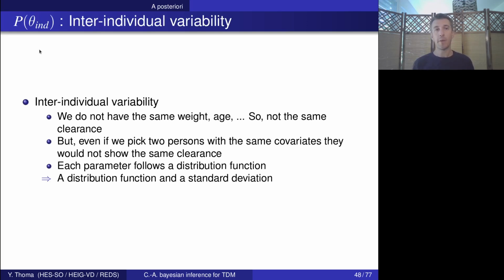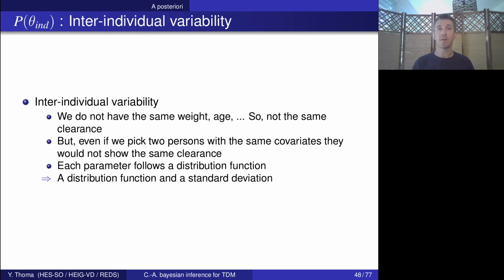So for the probability of the individual parameters, we'll use the so-called inter-individual variability, in the way that, okay, we know that the covariates can influence the parameters, but still, if we pick two persons with exactly the same covariates, they would not have the same clearance.